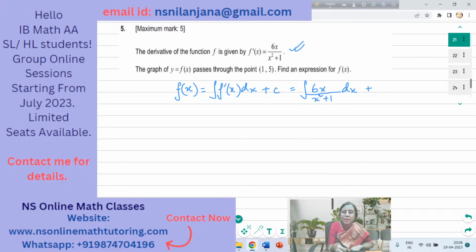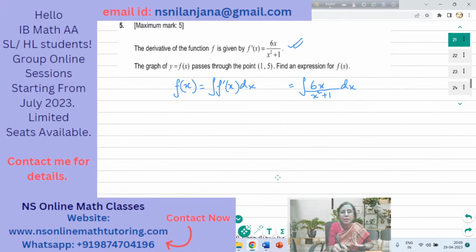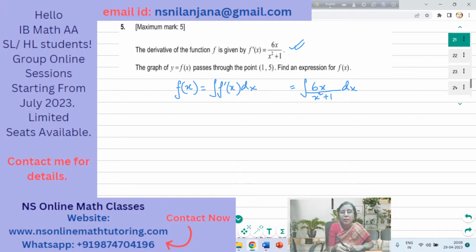Or you can write the plus c after you are integrating, it doesn't matter. The c value is a constant, so we have to get the c value. For getting the c value, they have given this piece of information that the curve passes through this point.